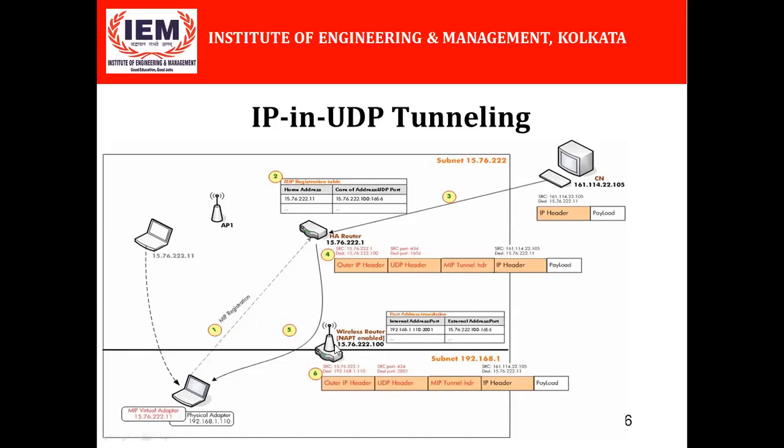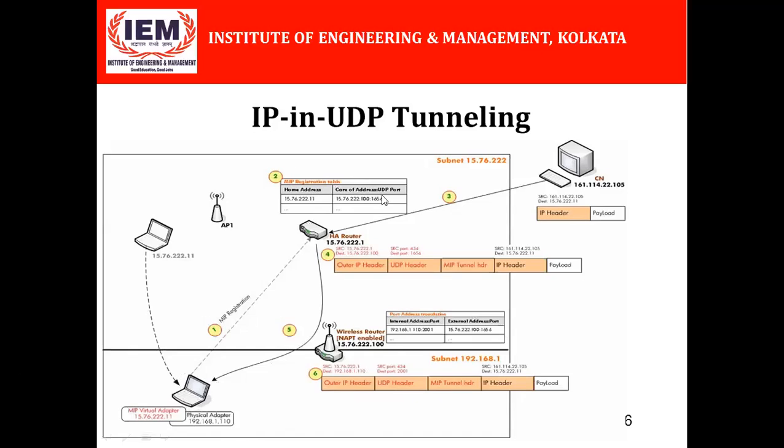Actually, this is not an adapter, this is a router. So this is associated with another port address, that is 1656. And 192.168.1.110 is the physical adapter address, and its port is found at 2001. So everything is mapped over here.